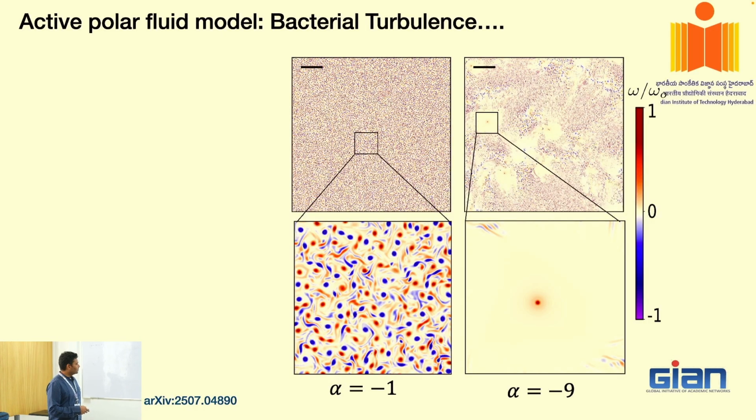On the right hand side, you have a case where activity is large, where alpha is -9, and you can see that the structures appear to be very different. For the same box size, and by the way, this box size is almost 25 times greater than these small length scales, so it is pretty big. Up to 25 length scales, you see just a single structure.